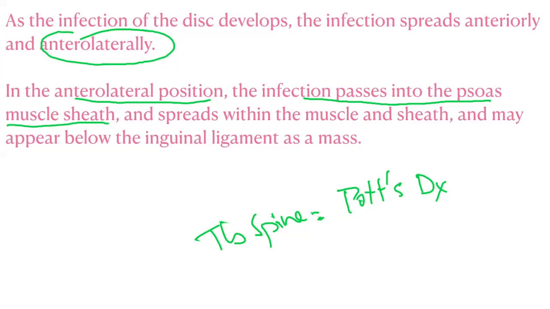That means they affect the psoas muscle, which becomes very tender, and the infection spreads within the muscle and sheath and may appear below the inguinal ligament as a mass. It is very tender, there is great difficulty in walking, and it is an extremely painful condition. You have to drain the abscess.